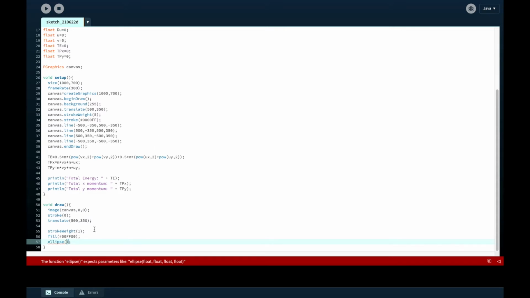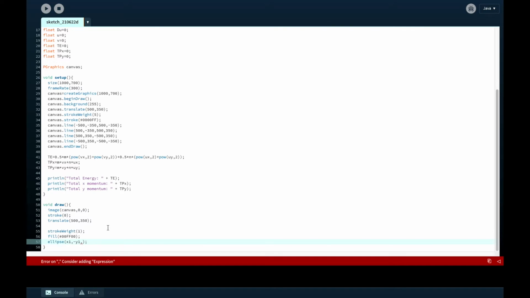Its coordinate is going to be x1 times minus y1, because as I said before, in Processing, it considers everything in the y direction in the opposite. So when you want to go upwards, it's a negative value, and if you want to go downwards, it's a positive value. It's only the y component that is opposite, so you're going to have to use minus y1.